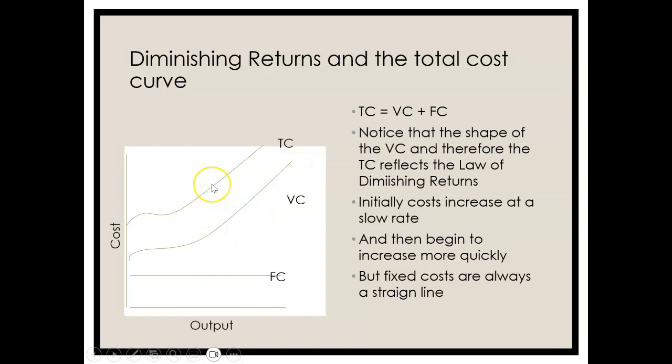And because we get total cost from adding variable cost to fixed cost, all you do is shift up the variable cost curve by the amount of the fixed cost to get total costs. So even in our total cost curve, we can see the law of diminishing returns rearing its ugly head.